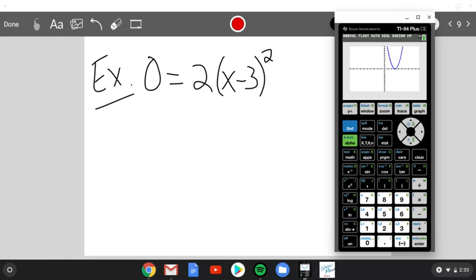So if I try second trace and choose 0, and I'm to the left of it and I hit enter, and then I go to the right and hit enter and enter a guess, it gets mad at me because we never crossed the x-axis, and you don't need to if your vertex is right on there.